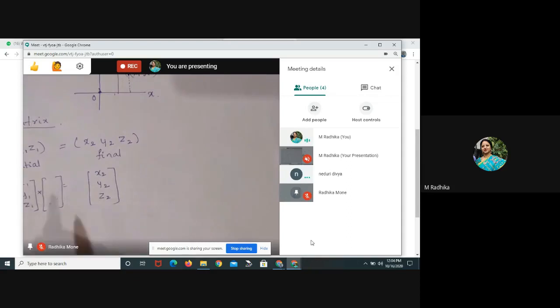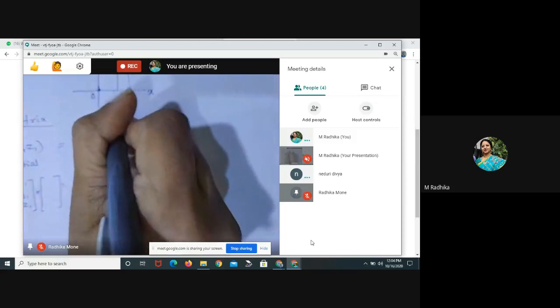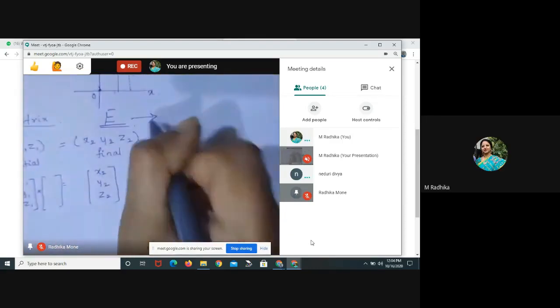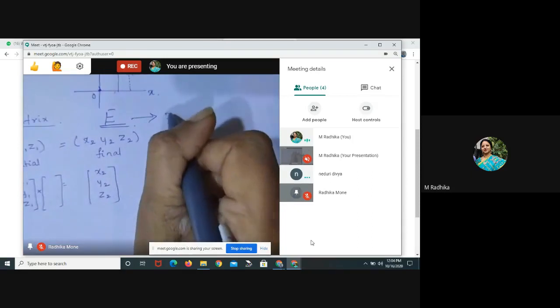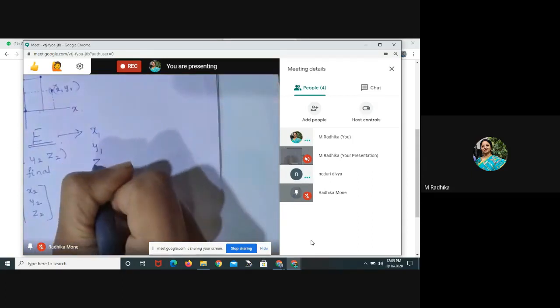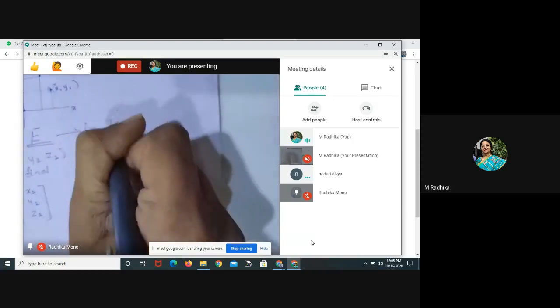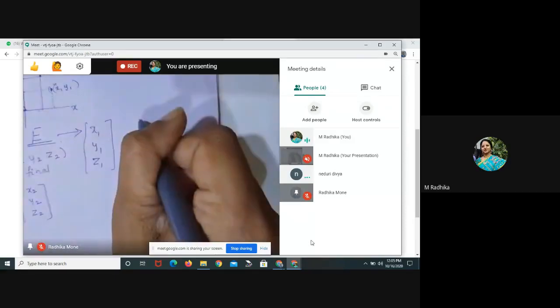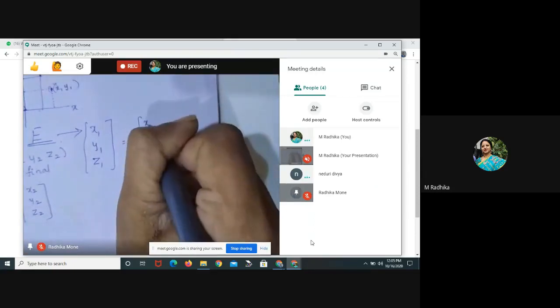Suppose I am talking about the identity matrix. What is happening in the identity? The x1, y1 and z1. When I do the identity operation, what happens? The position will be the same. Whatever position I have, I'm getting the same thing.